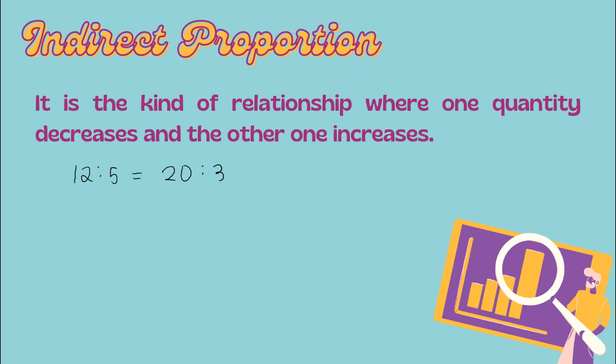So remember, in direct proportion, we used to cross multiply numbers and make sure they are equal. Now, we don't need to cross multiply, but we need to multiply the numbers on the same side. So it would give us 12 times 5 is equal to 20 times 3. So you have 60 is equal to 60. So this is an example of an indirect proportion.